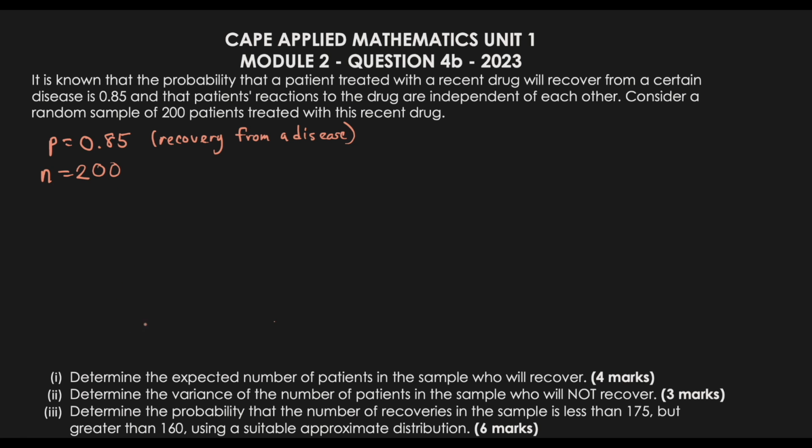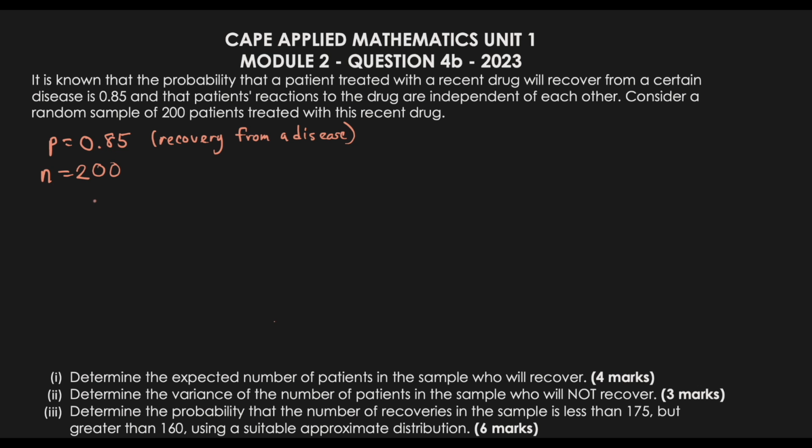Now let's see what they want us to calculate. They want us to determine the expected number of patients in the sample who will recover. If I give you 200 people and I say the probability of them recovering is 0.85, what is 0.85 as a percentage? It is 85%.